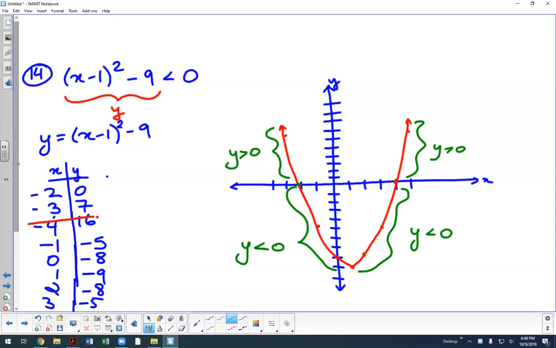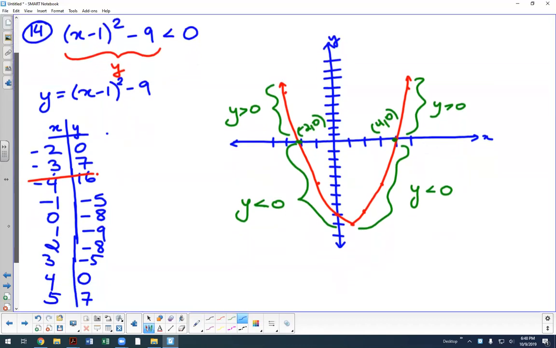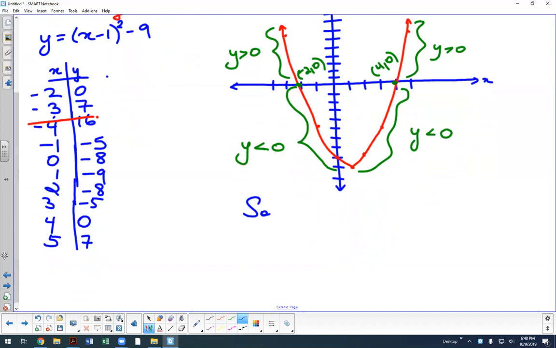Right at -2, if I write it as an ordered pair, this is -2, 0. So my y value is actually 0 at that point. This point here is going to be 4 and 0. Again, my y value is equal to 0. We're not interested in where it's equal to. We want to know where it's less than, and that's going to be in the interval going from -2, which is starting at this point, going all the way down, following my graph, till I get to 4.